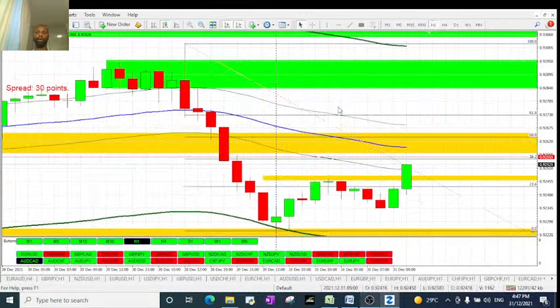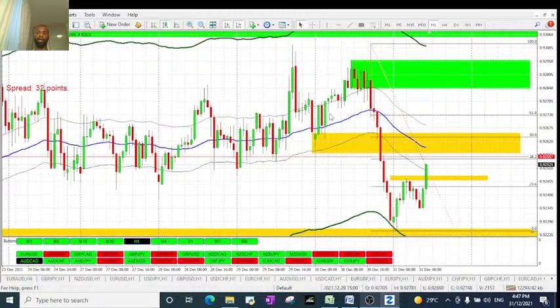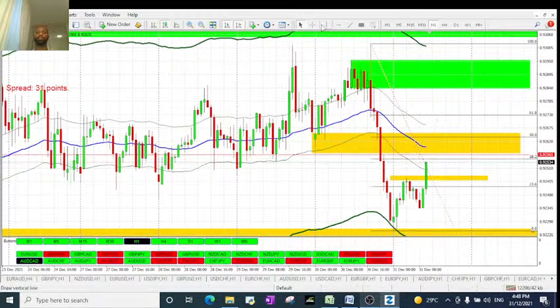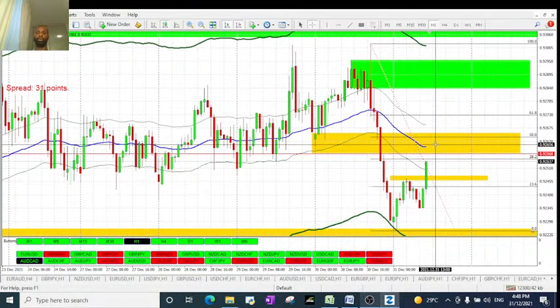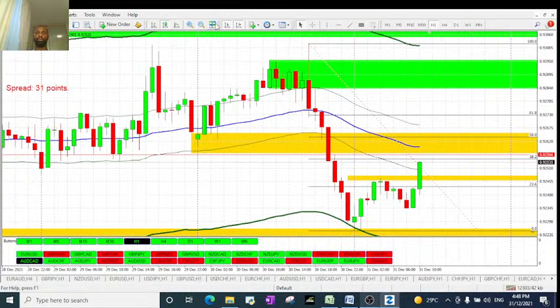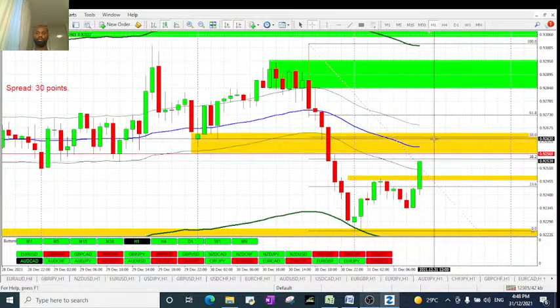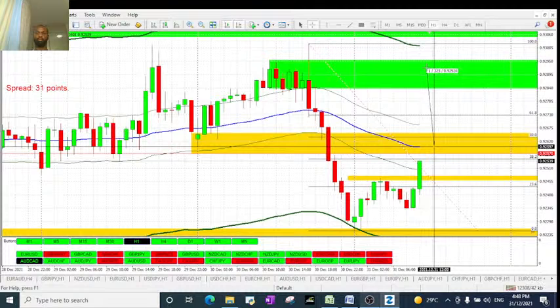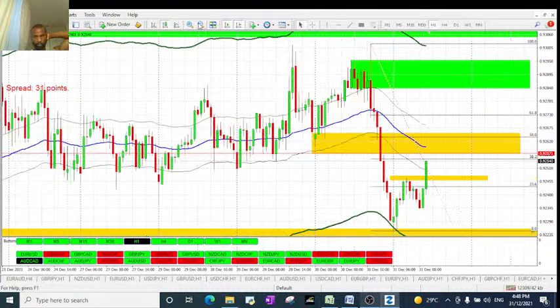Okay, let's see how much we retrace and how price reacts once we get into this zone. Well, you can't really go wrong with taking sales somewhere here. Let's see.